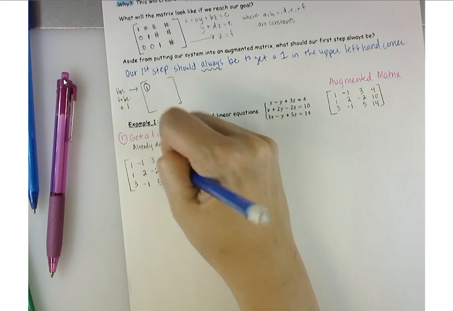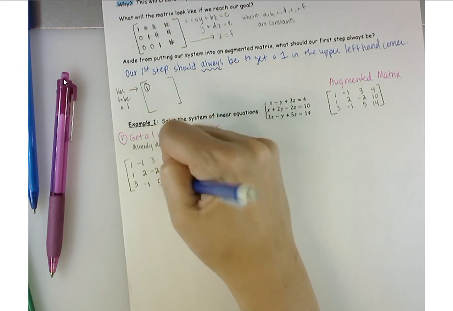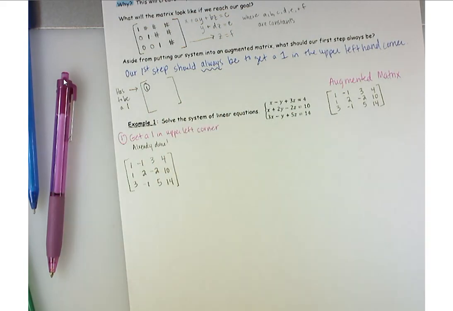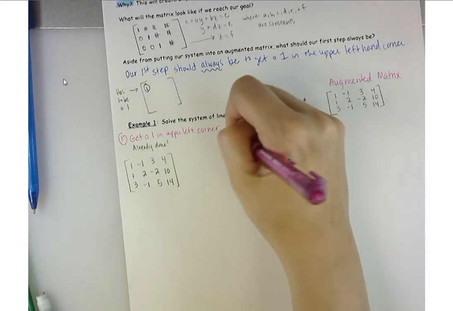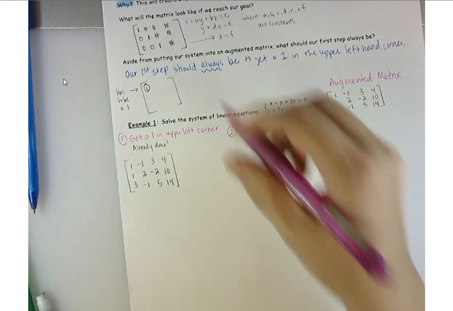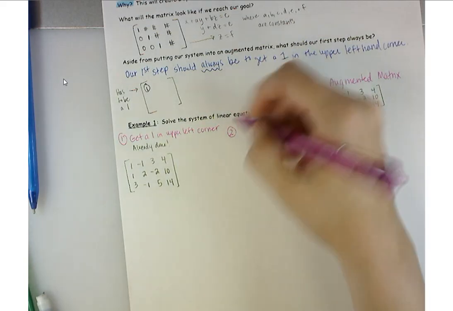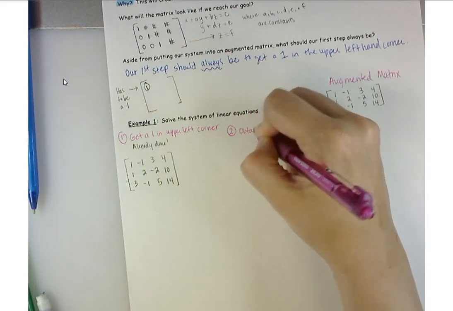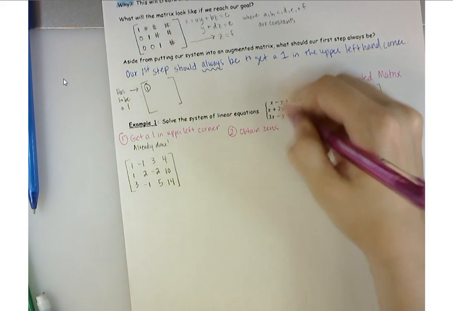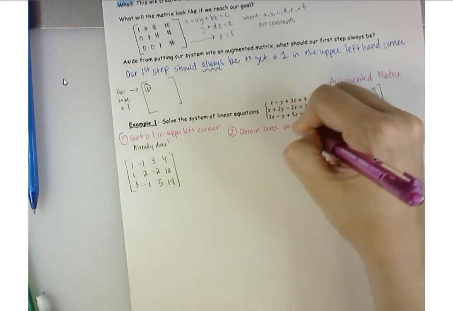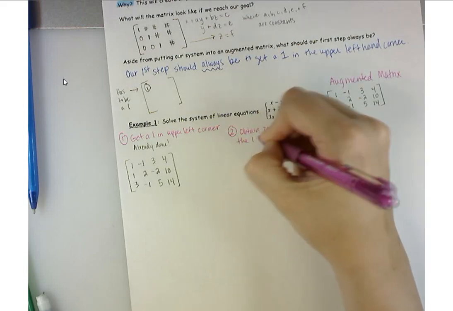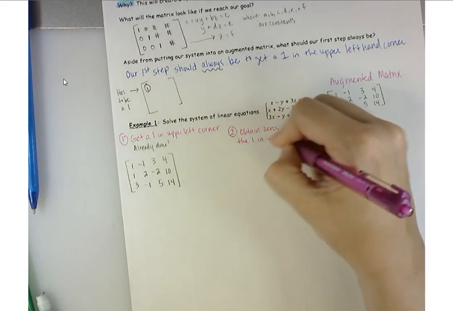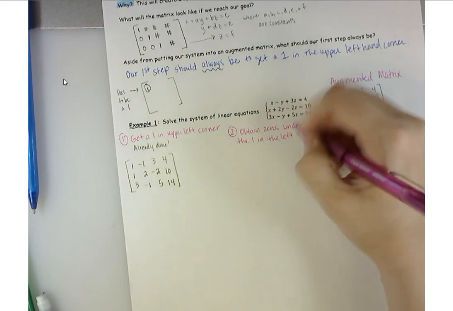Okay, and then after that, your next goal is going to be to obtain zeros under the 1 in the left-hand column, or the left column.